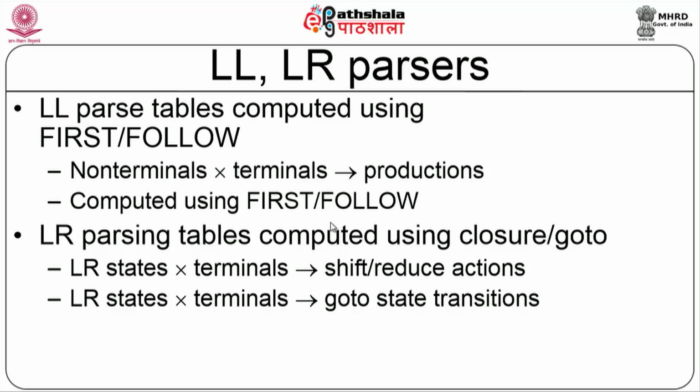The rows typically refer to the LR states, and the columns are terminals as well as non-terminals. The non-terminals are grouped together and called the goto section, and the terminals are grouped and called the action section. So at the intersection of the state and the action, I will have either a shift action or a reduce action.